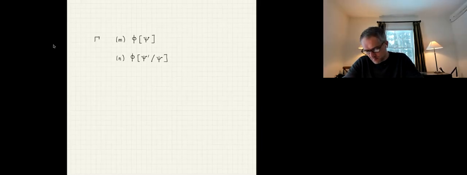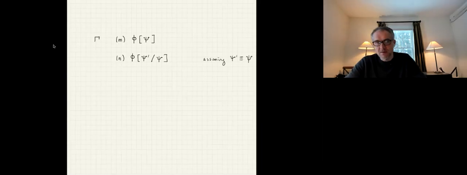So this is assuming psi prime is logically equivalent to psi. And then there are the same dependency numbers gamma. Okay, so this is replacement.